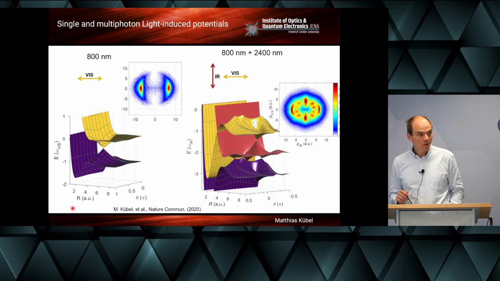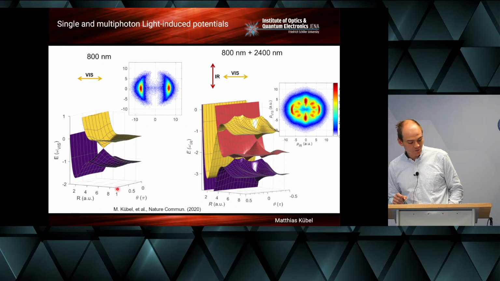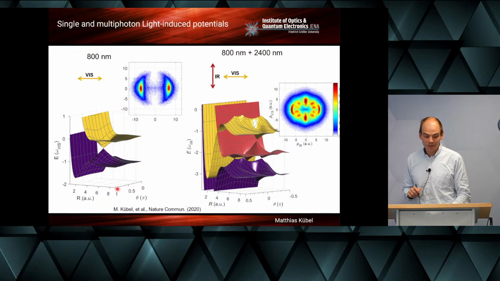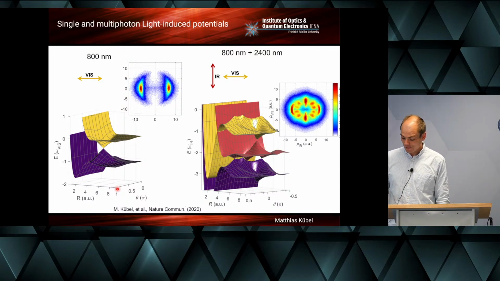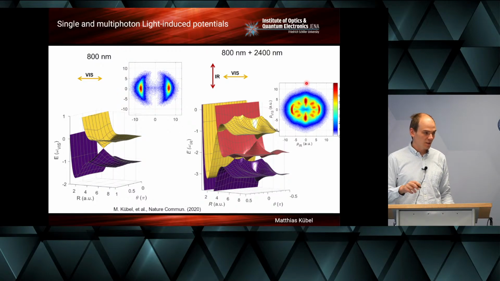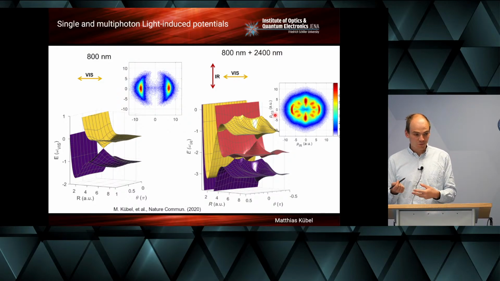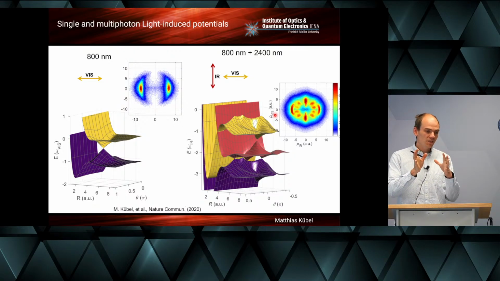Okay, well, time has progressed, but I'd like to still say a few words about rotational dynamics. So we see here that the molecule can have different alignments with respect to the field. Actually here we have two fields, and this is why we have a maximum here and a maximum at this axis, but also these intermediate things. And they come not only from the modulation of the ionization or dissociation probability, but also from the fact that we're really steering the rotation of the molecule.